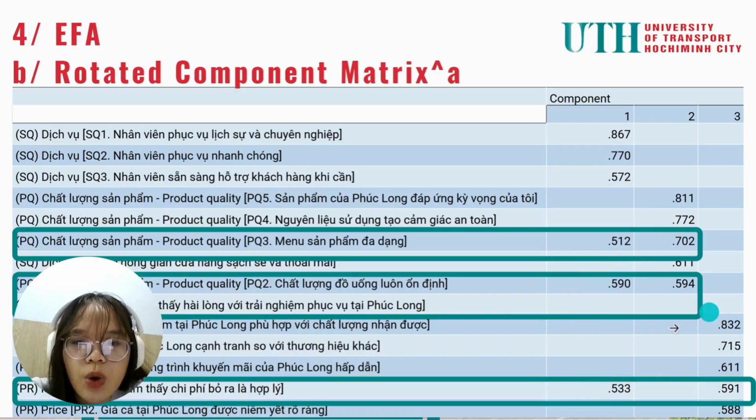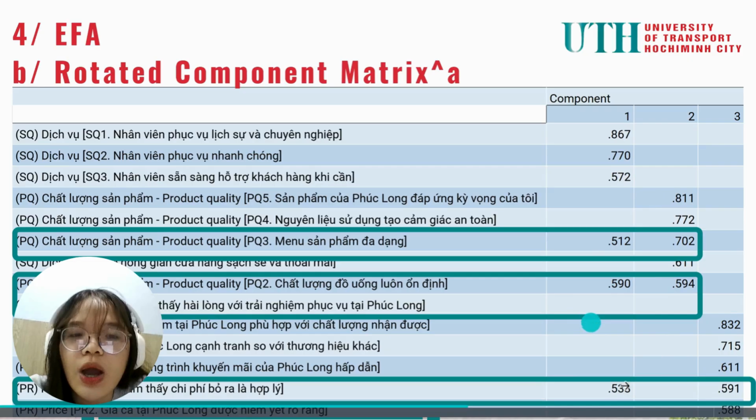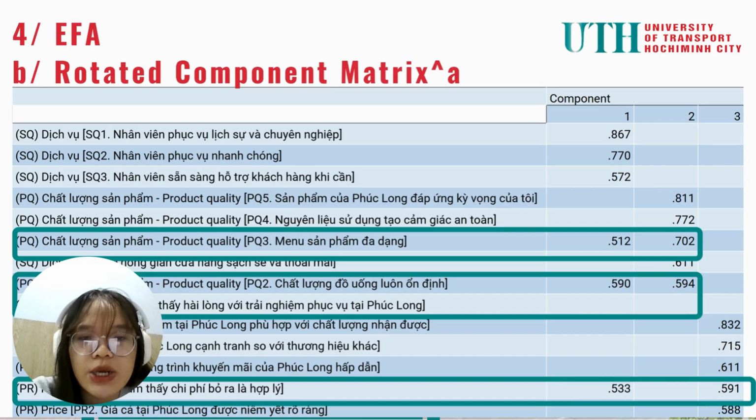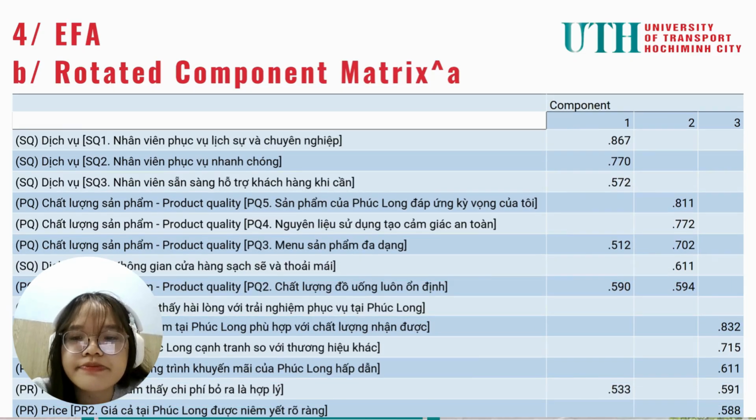PQ2 also loaded on two components, and so did PR4, with values of 0.533 and 0.591. So these items would not clearly represent only one factor. Therefore they needed to be reconsidered before conducting the final factor analysis.